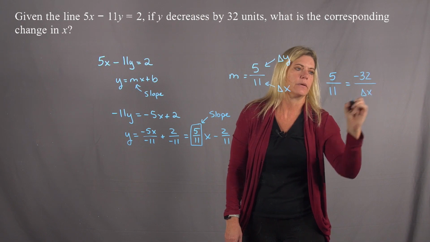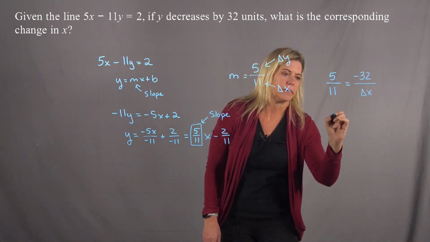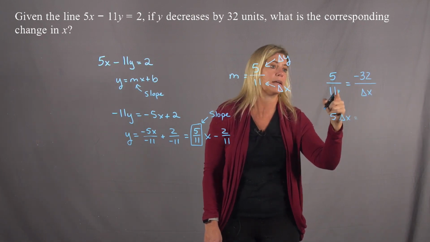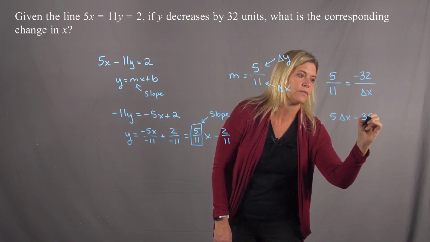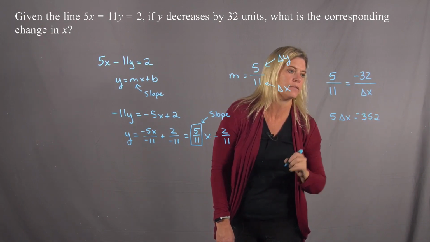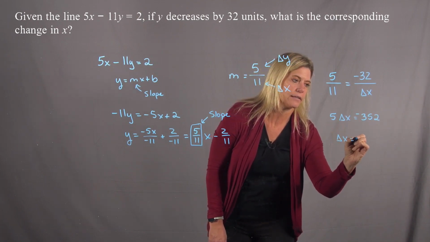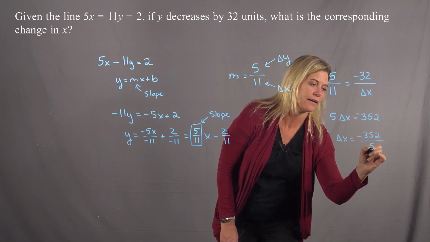And we want to find the corresponding change in x. So now we can cross multiply, so I know that 5 times the change in x is equal to negative 32 times 11, which is 352, and it's negative. And then you divide by 5, so the change in x is negative 352 divided by 5.